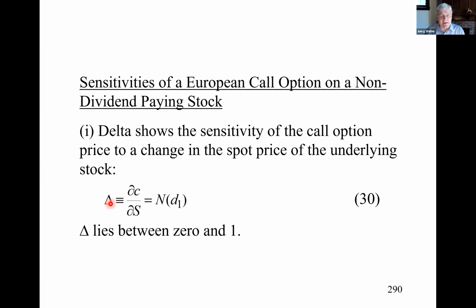Now let's take the derivative of the delta, because the S is actually inside this D1. S appears inside here, I just showed it before. So the delta changes when S changes.